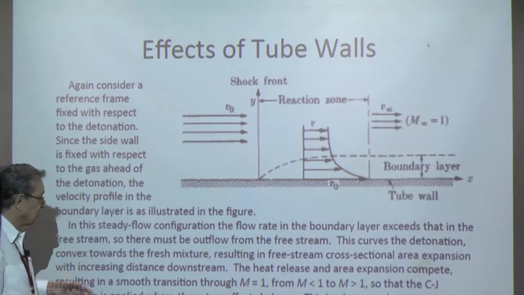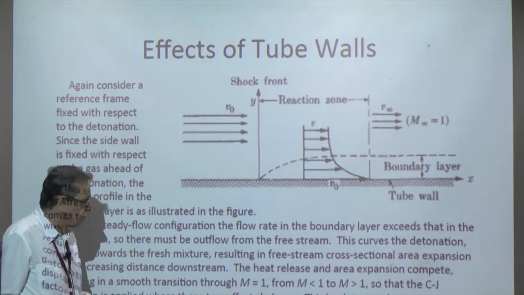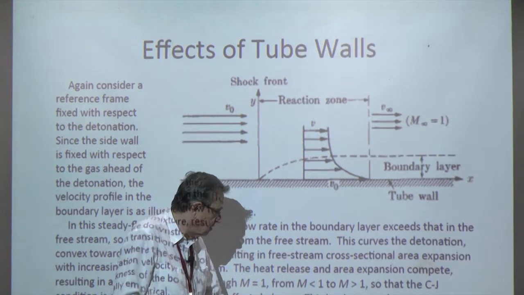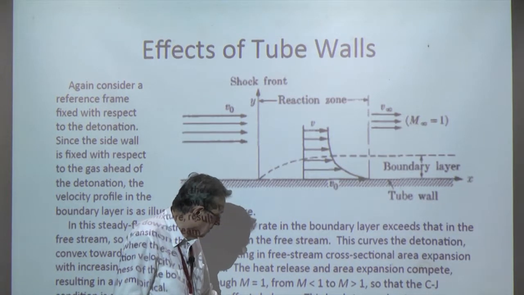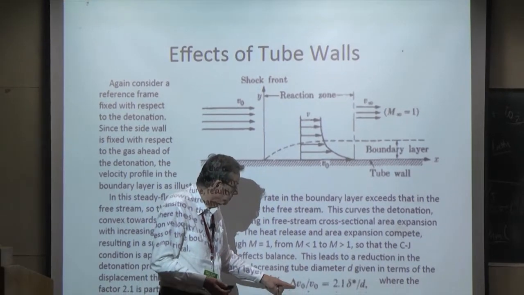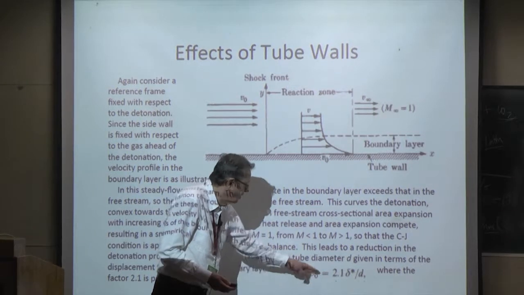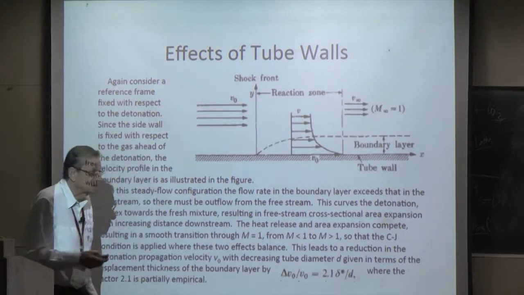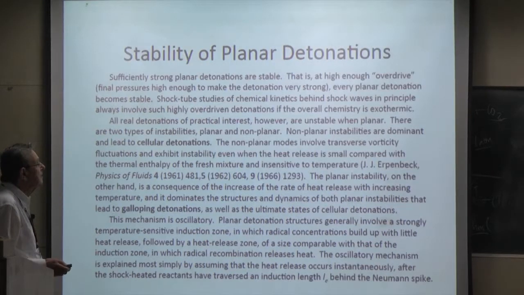And that has an effect on the detonation propagation velocity as a function of tube diameter. This is the theoretical infinite tube diameter detonation velocity. Empirically, there's a decrease in the detonation velocity associated with that effect.